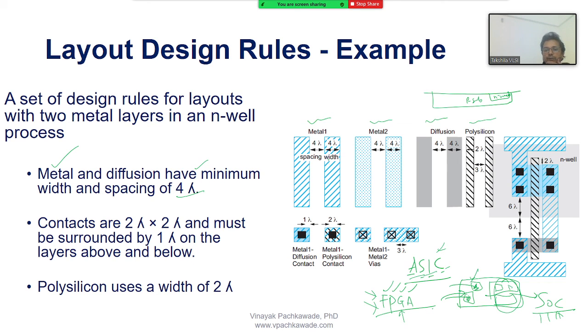If I'm manually routing this layer in my chip and I draw this rectangle, as a designer I cannot make its width less than 4 lambda. So can anybody tell me, if I am using 180 nanometer, what is the actual width of this metal layer?